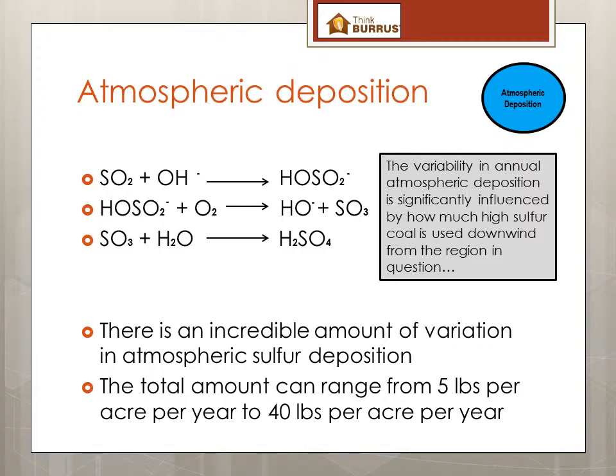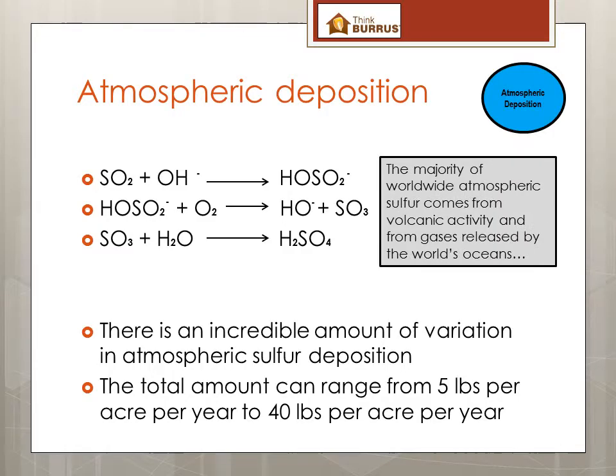Sulfur is deposited from the atmosphere with rainfall in the form of what we call acid rain, and it actually is fairly variable how much sulfur you get through acid rain. It can be anywhere from 5 pounds per acre per season to 40 pounds per acre per season. And the reason there's so much variability has a lot to do with one's proximity to coal-burning power plants.